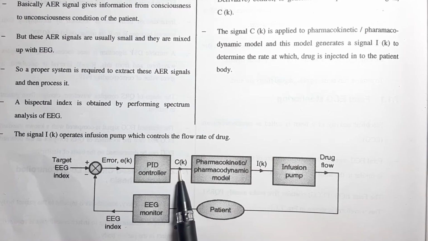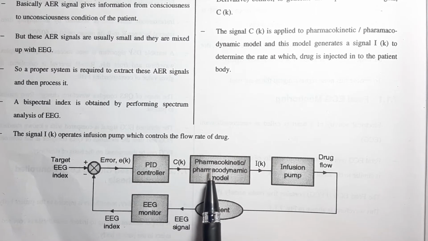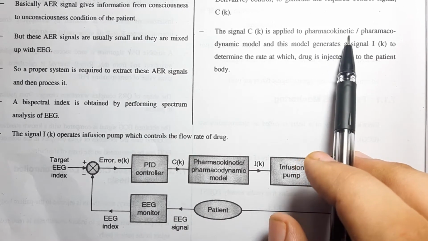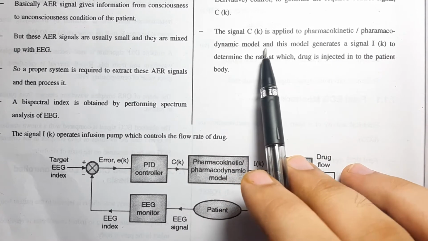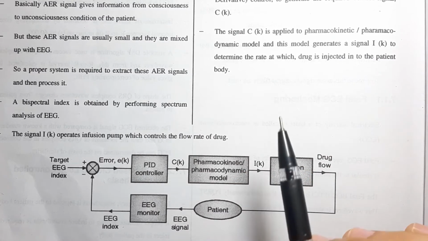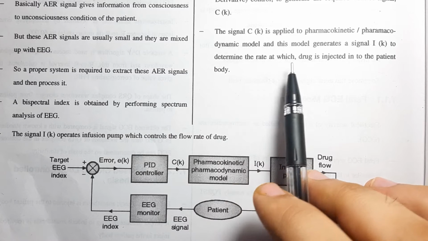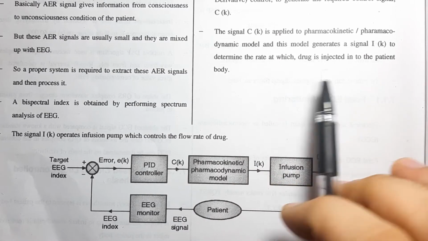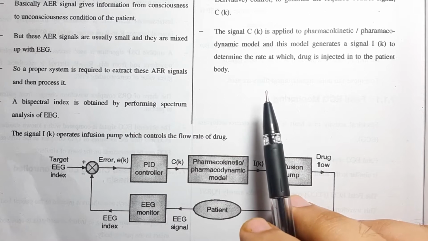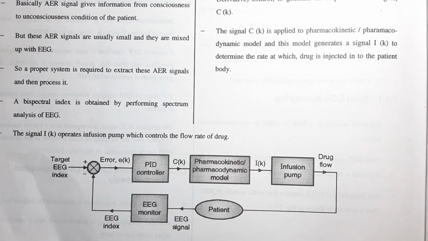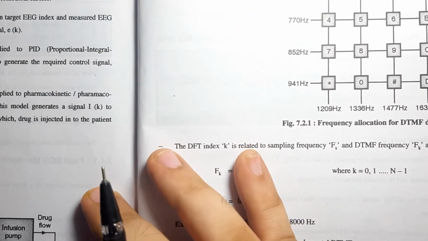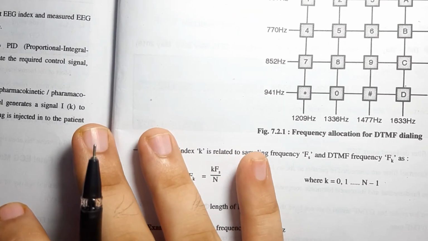Now, the signal C of k is applied to the pharmacokinetic or pharmacodynamic model, and this model generates a signal I of k, as you can see over here, to determine the rate at which the drug is injected into a patient body. So depending upon how much the patient's consciousness is present, a specific amount of anesthesia is inserted into the body of a patient undergoing surgery.